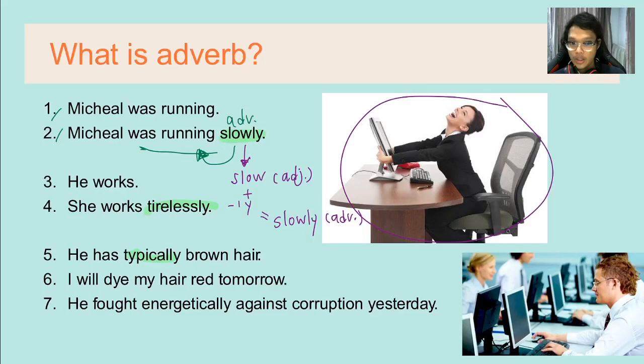So in this case, he has typically brown hair. You look at this guy, right? The color of the hair that he has is typically brown. It refers to the words typically brown. So the adverb here, typically, describes brown, which is an adjective.